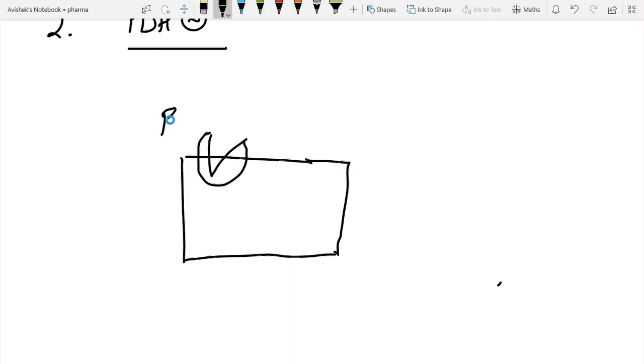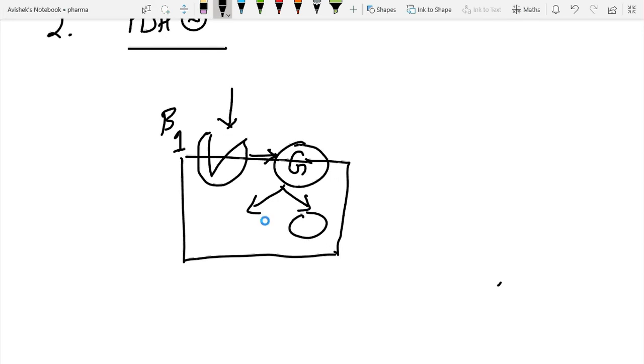This is the beta 1 receptor. When this is activated, it gives a signal to the G protein, and the G protein breaks down into two halves. One half will initiate cAMP.